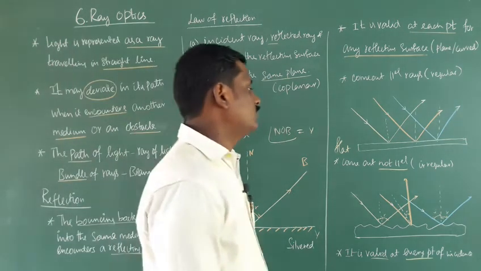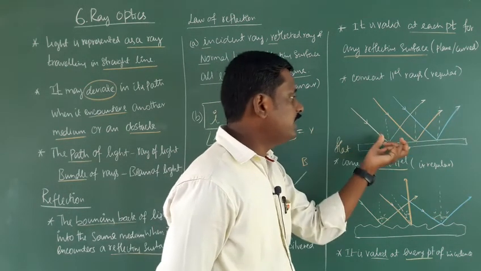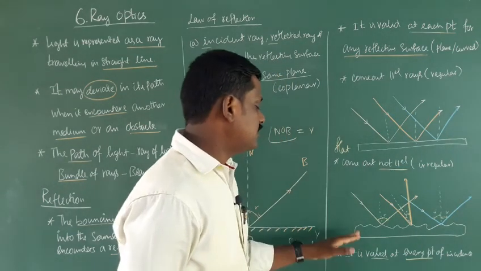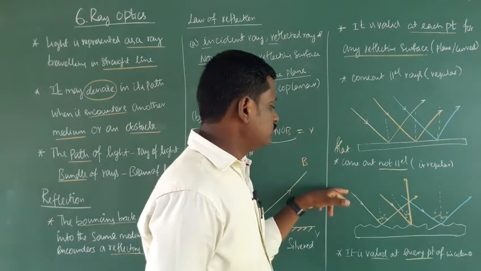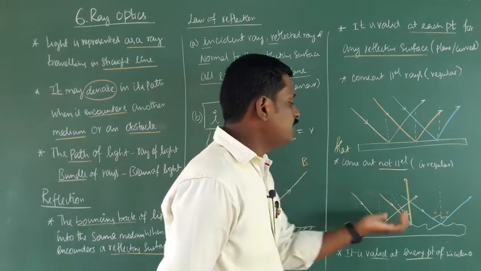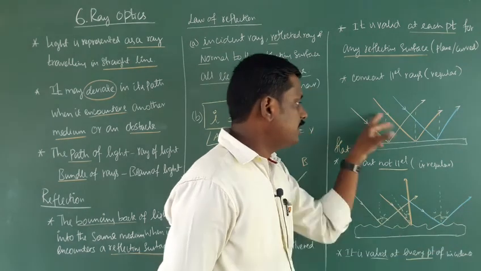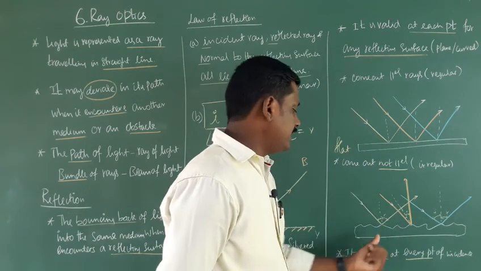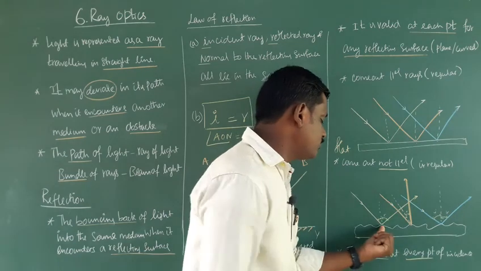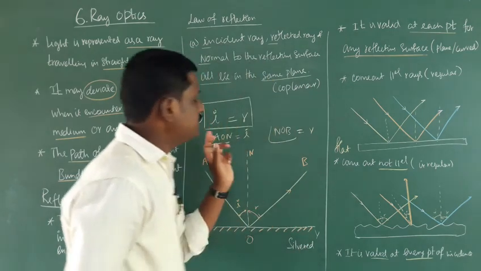In regular reflection, a parallel beam of light incident on a flat surface gives a parallel beam again. In irregular reflection, the surface is not flat, so the reflected light is not parallel. But at every point of incidence, points 1, 2 and 3, the law of reflection, i equal to r, is valid.